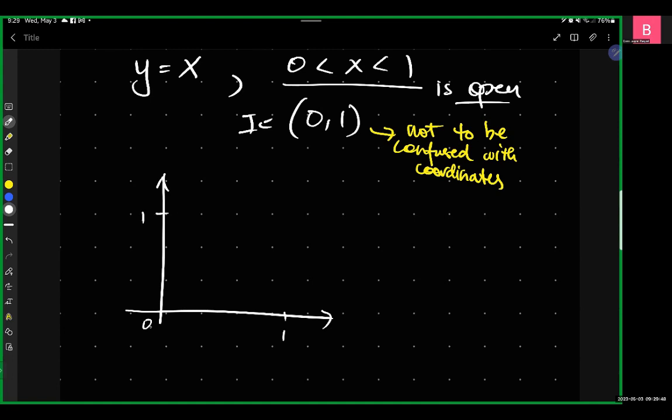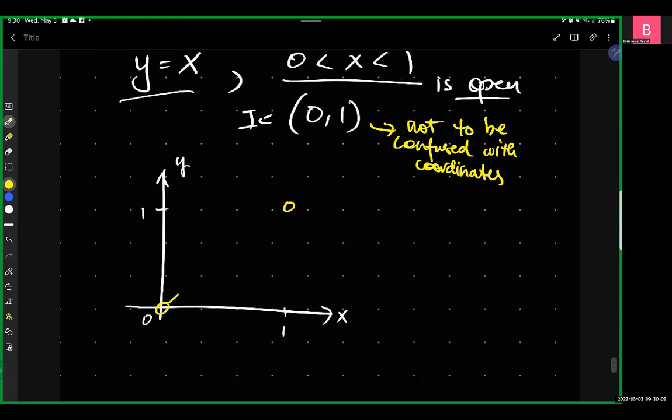When the function is y is equal to x, simply when x is 1, then y is 1. But since the interval is open on both endpoints, we can draw it something like this. Let me change the colors. As you can see, the interval is open, and in between is a straight line.